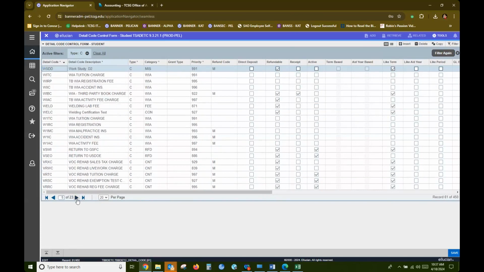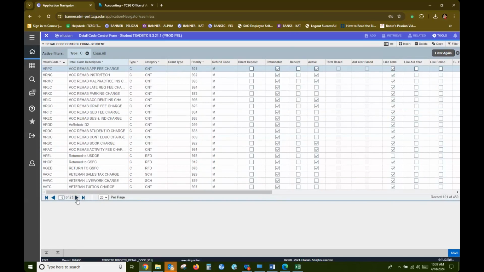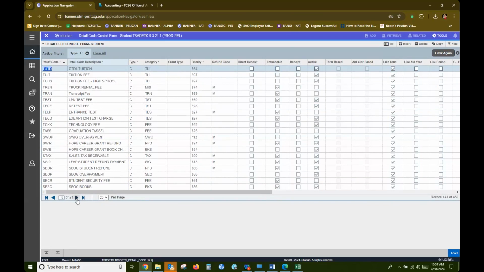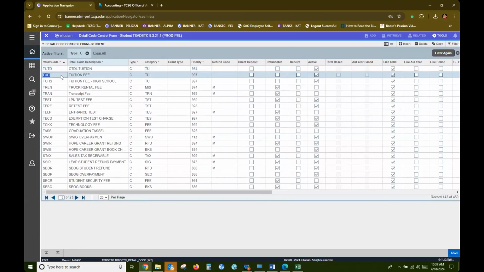I'm going to jump a few pages and get into some of our regular. Okay, so here's TUIT. All right, but if you notice, you have truck driving tuition, which is TUTD at this particular college. You have TUIT, you have TUHS at this particular college, and then you probably have TUWR or something like that later.